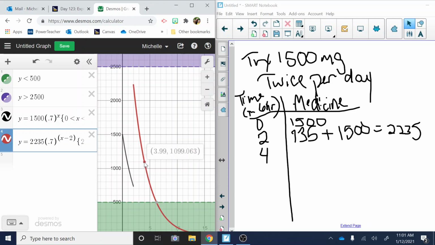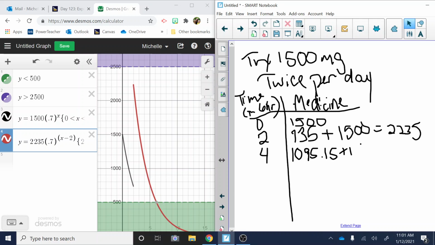That'd be one day, because 4 6-hour chunks would make one day. So I've been on the medicine one day. I have 1,095.15. Let me write that down: 1,095.15. And it's time for my next pill.